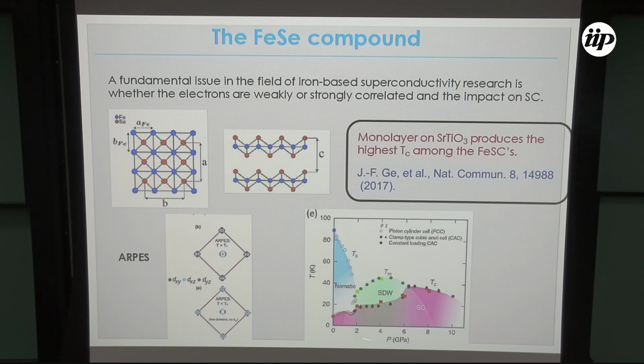Here, as we apply pressure on the system, this nematic phase gets destroyed, and the spin density wave gets promoted as a result of this. And this reaches a peak here, then it is suppressed again, and the Tc increases dramatically as a result of pressure. So here, Tc is around 37 Kelvin. And of course, one has to try to describe the interplay of all the phases in this system.